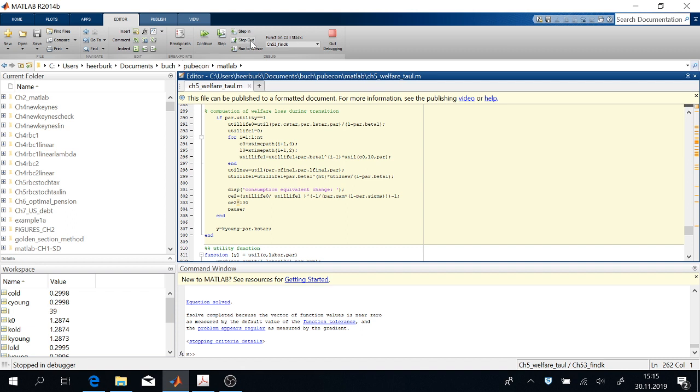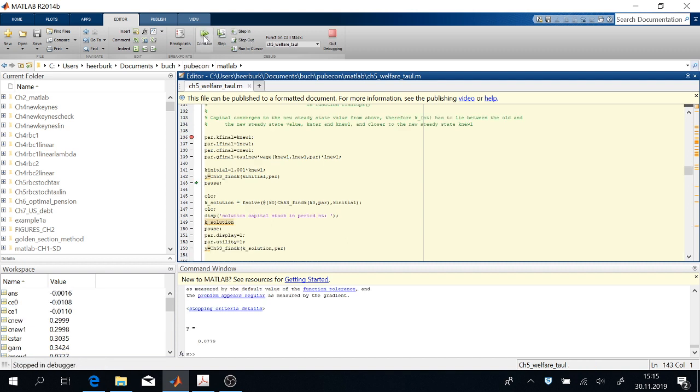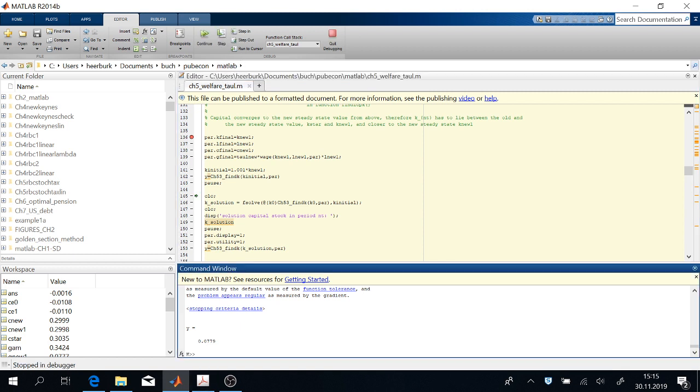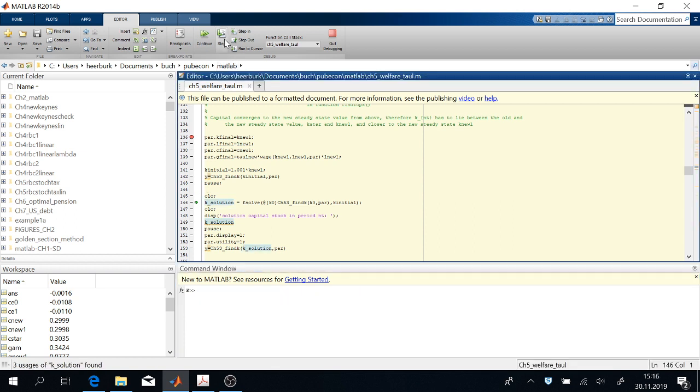So let's step out of this procedure here and press any key for the pause statement, clear the screen, and show you the search for the solution by solving this nonlinear equation system. So the syntax of this command, fsolve, which finds the solution of a nonlinear equation system, is the following. You specify the function with an @ sign, chapter 5 find k.